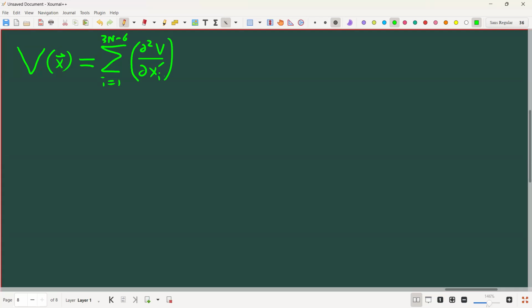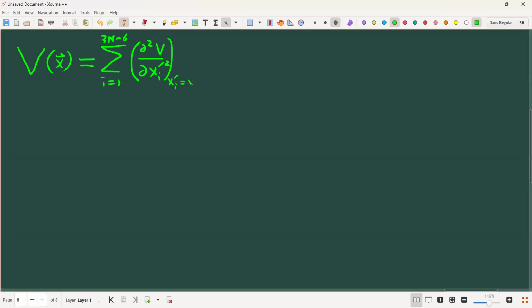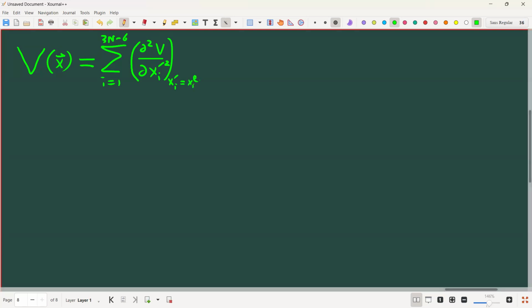Remember, there's no off diagonals anymore. All the off diagonals are 0. So the only ones that survive are the second derivatives along these special coordinates that we evaluate at equilibrium times their displacements squared.